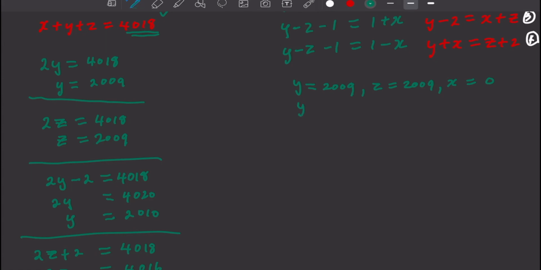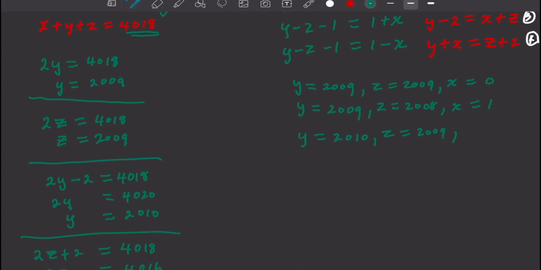So we have that y is equal to 2009 and z is equal to 2008. That gives us 4017, so x would equal 1. Then we have that y is equal to 2010 and z is equal to 2009.